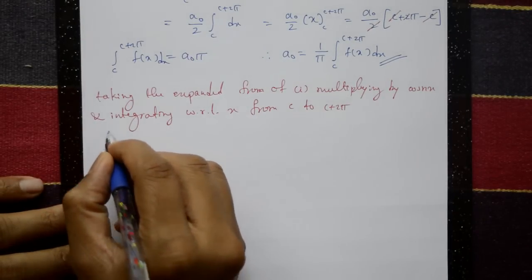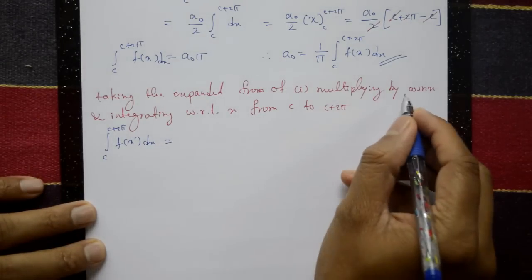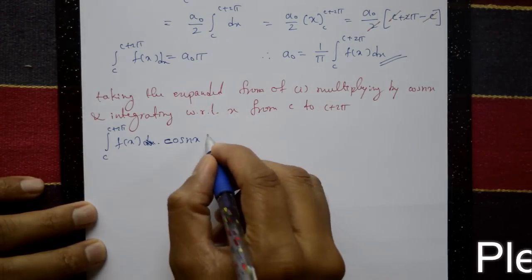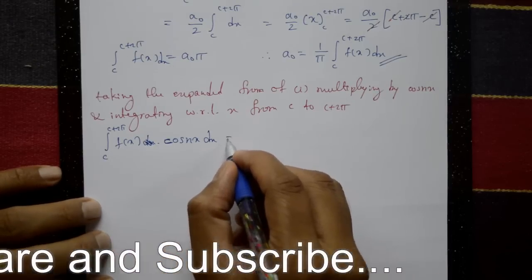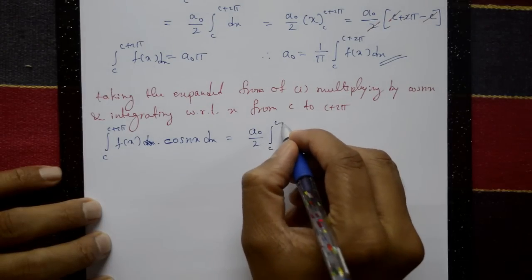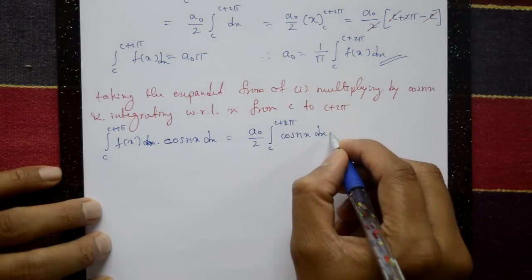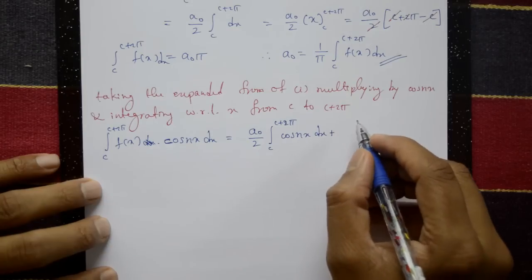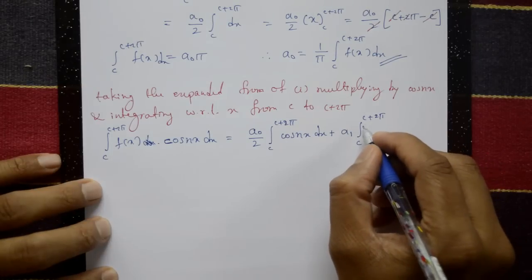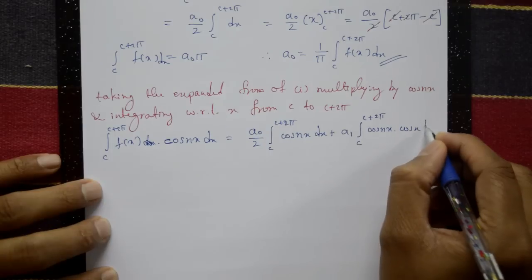Applying integration both sides, integration from c to c plus 2 pi of f of x with respect to x is equal to, multiplying by cos nx, with respect to x, and a naught by 2 constant outside, a naught by 2 integration from c to c plus 2 pi of cos nx with respect to x, plus expand the second term, n is equal to 1, a1 integration from c to c plus 2 pi of cos nx, and n is equal to 1 means only cos x with respect to x.